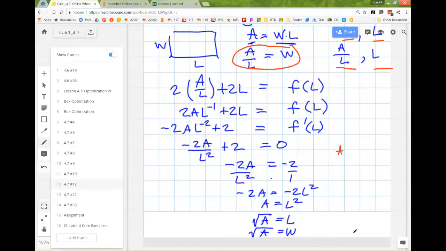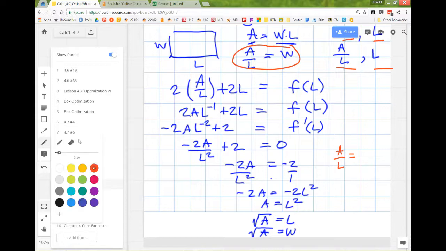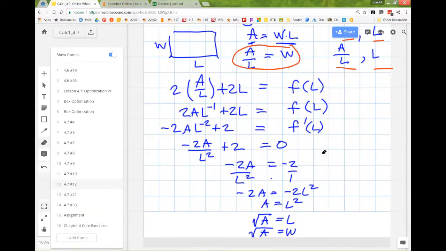So A over the square root of A, I substituted square root of A in for L, equals W. So what's A over the square root of A?